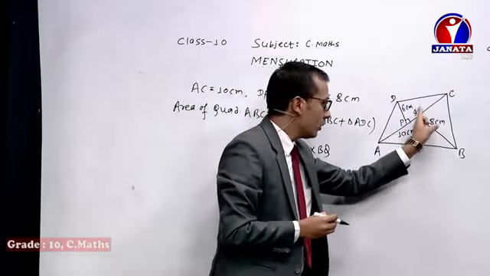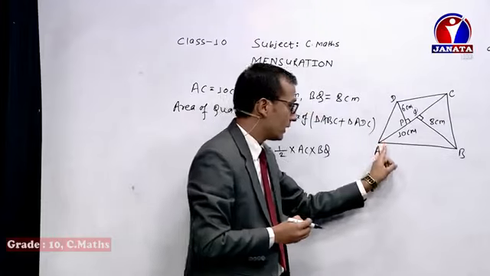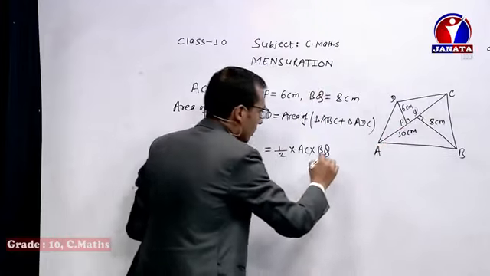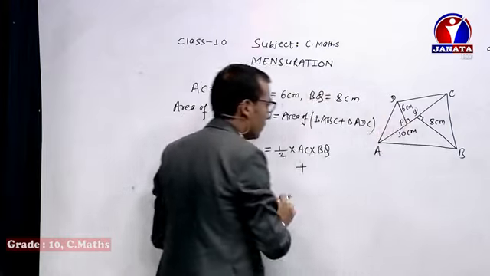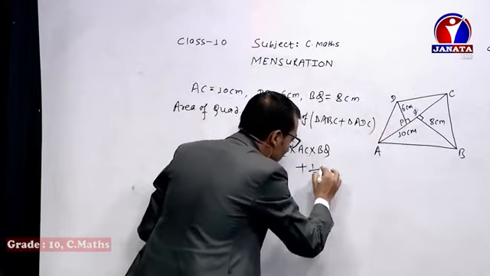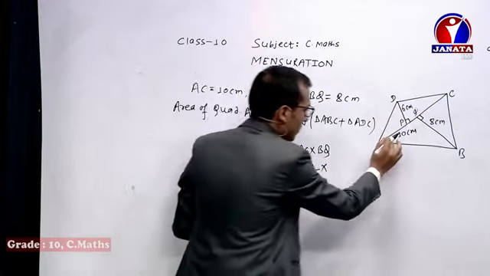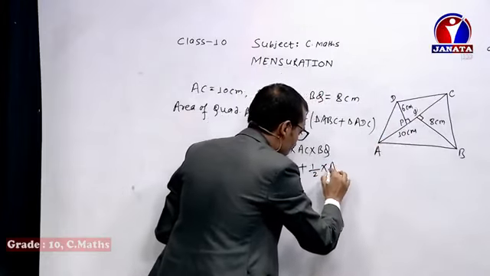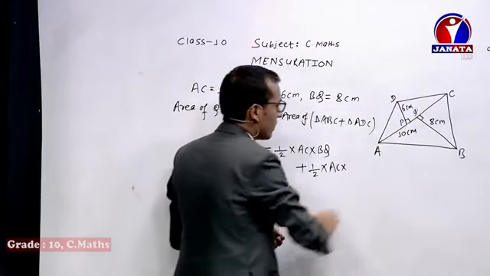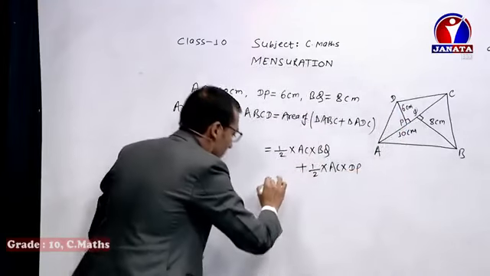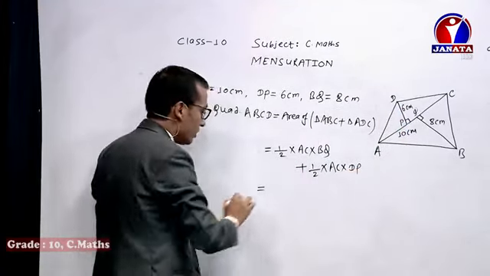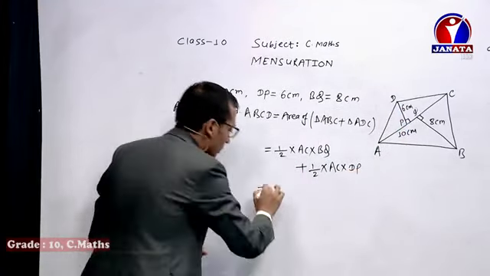So BQ is perpendicular drawn on AC, plus what is area of upper triangle, it's same, 1/2 of base AC times what is height, DP. Now we can use this information.